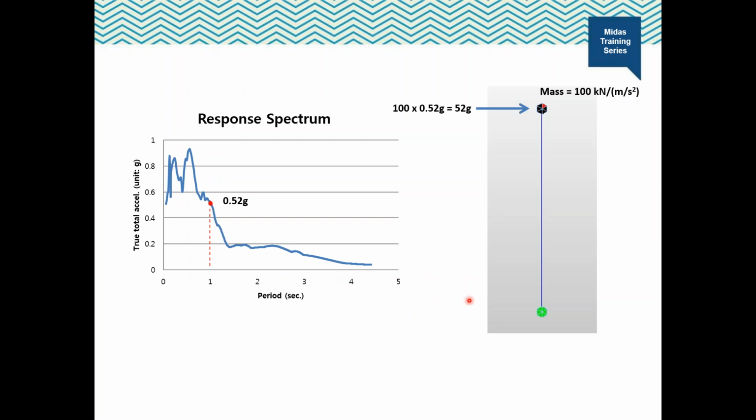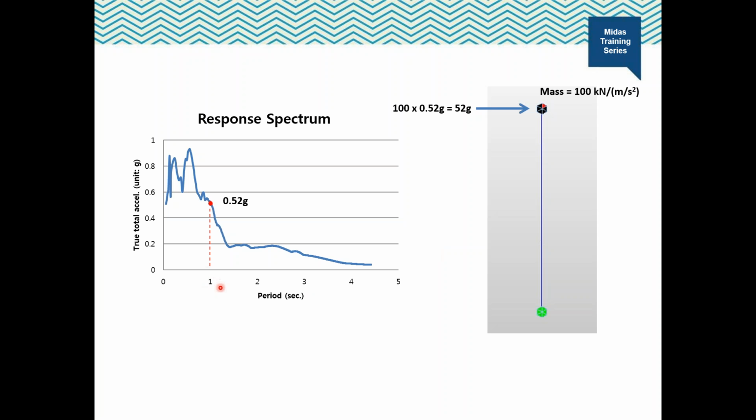Once this response spectrum is available, we can find the base shear of any SDOF system without performing time history analysis. For example, the mass is 100 and the natural period is 1.0.